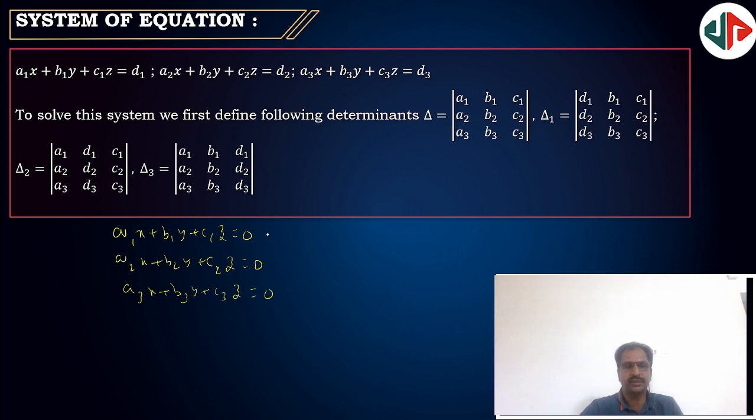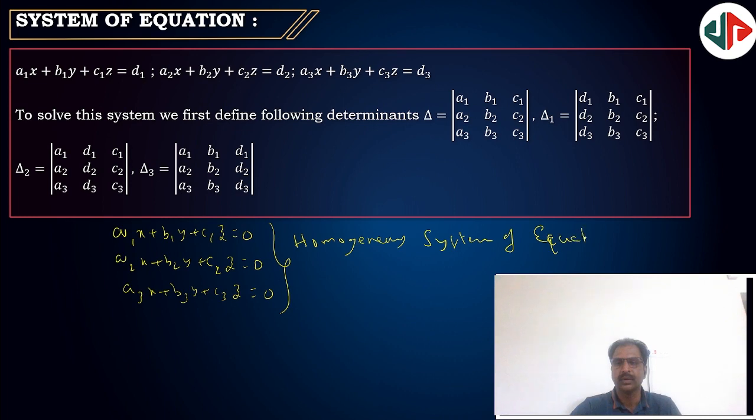If right hand side of the three equations are zeros, then those are known as homogeneous system of equations. For homogeneous system of equations, always a solution will be there, which means no solution case doesn't arise in case of homogeneous equations.